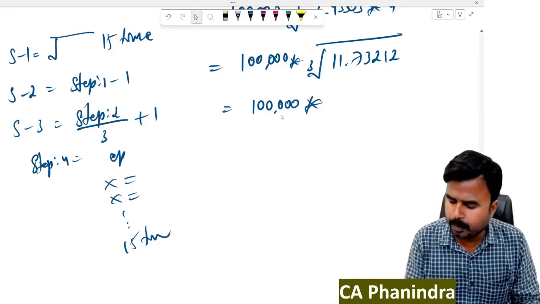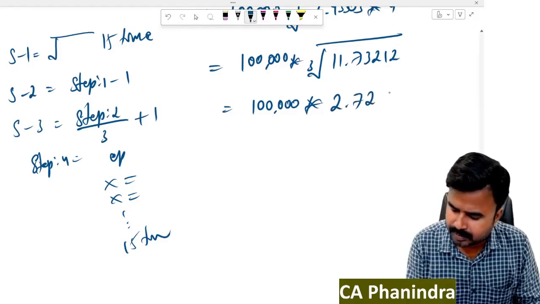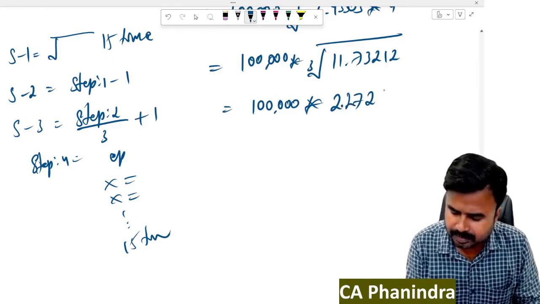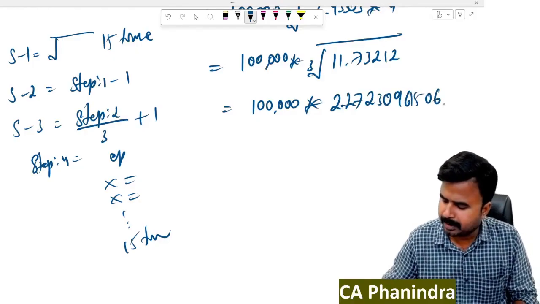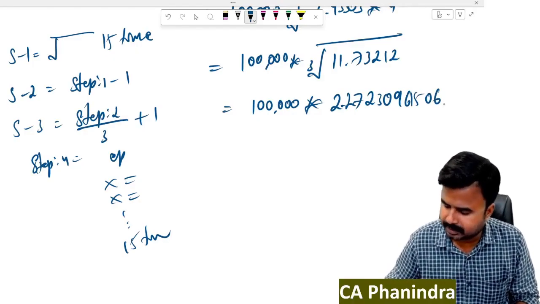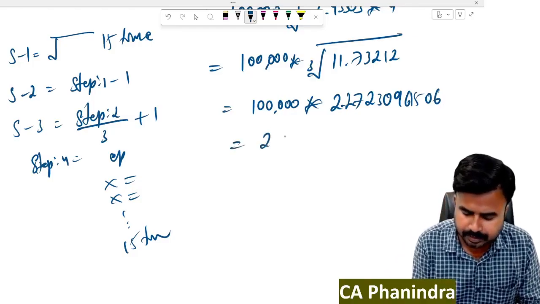I got 2.723096. Multiply this number with 1 lakh. I got 2,27,231.